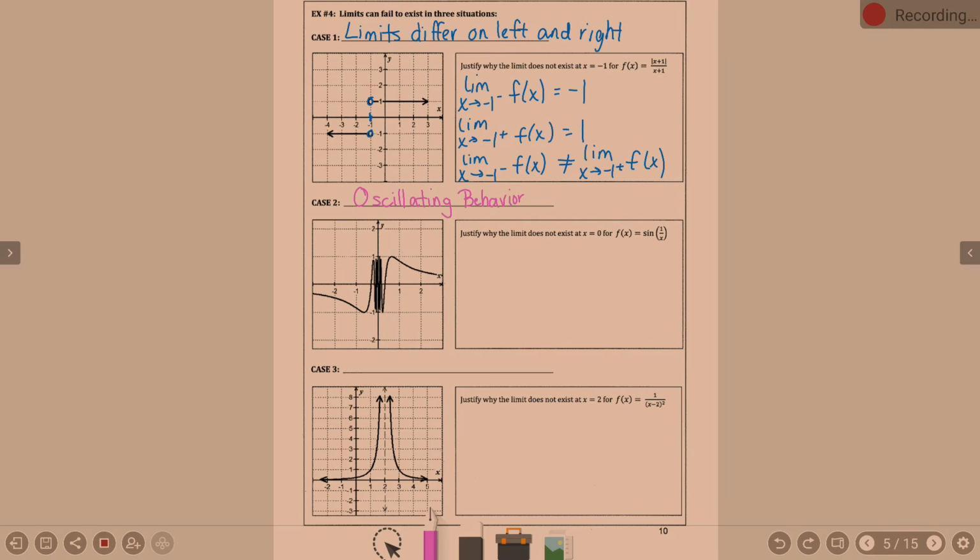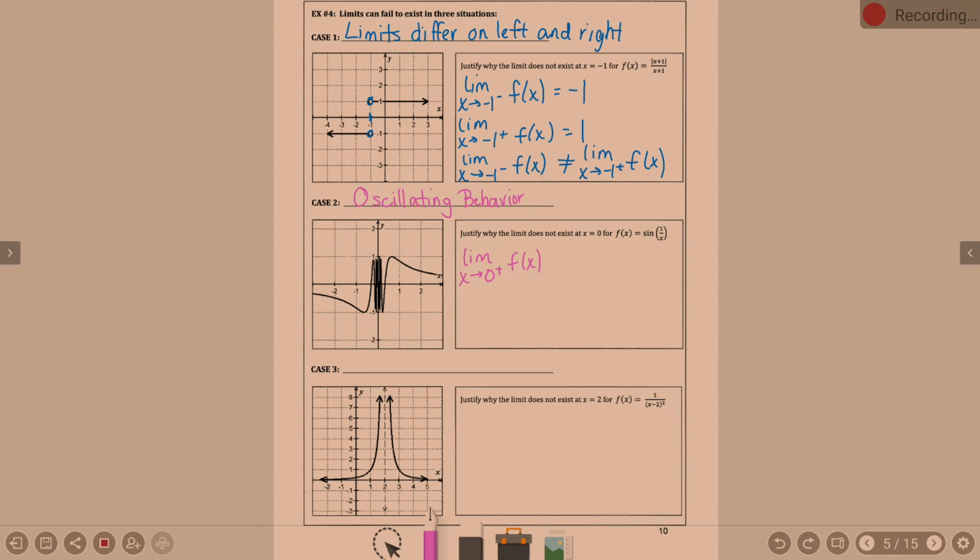Okay? So, oscillating behavior: just because it oscillates doesn't mean it connects there. And so that is more of a by inspection. If you zoom in and look really closely, one side is greater than 0 and the other side is less than 0. The limit as x approaches 0 from the right of f of x, without taking the time to investigate, we can say it is greater than 0.